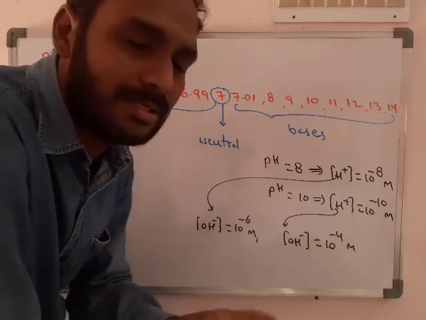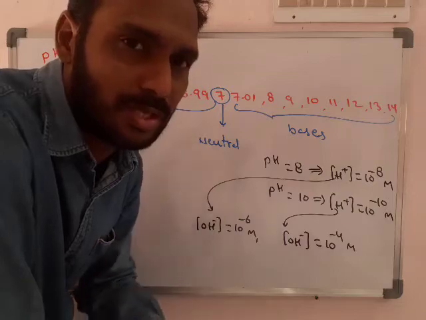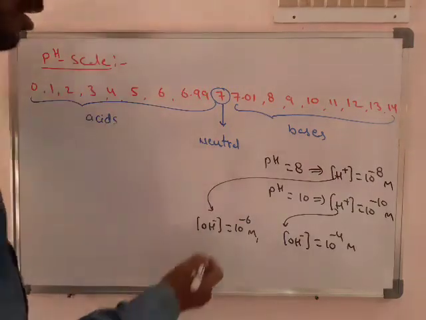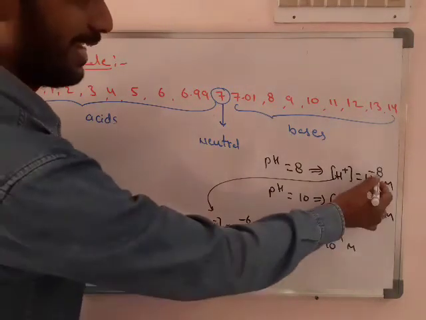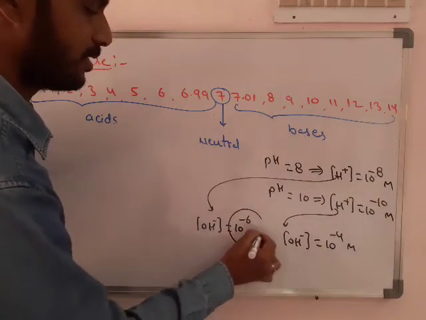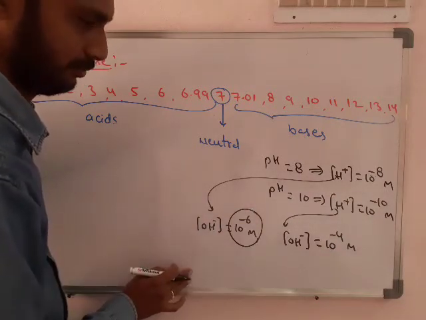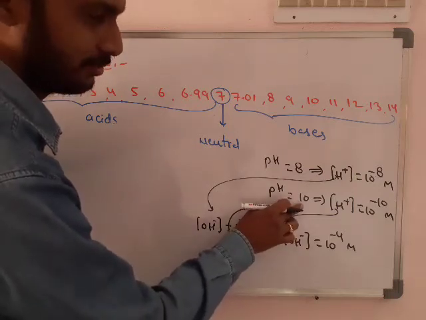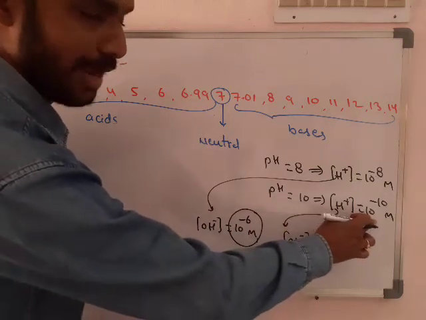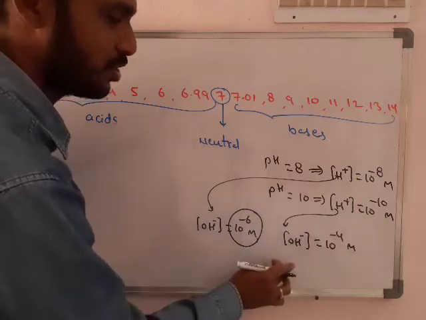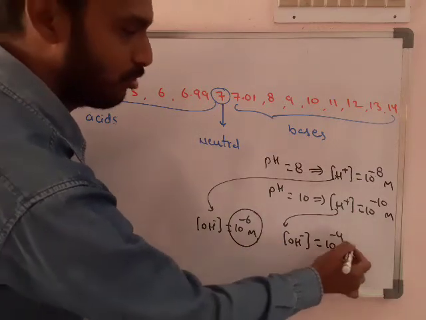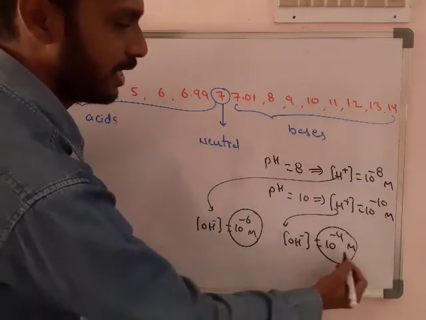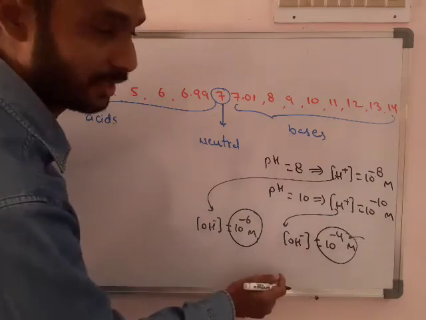To compare the bases, we check the OH minus concentration. So if pH value is equal to 8, the OH minus will be 10 power minus 6. If pH value is equal to 10, H plus equals 10 power minus 10 and OH minus is equal to 10 power minus 4. So which is the highest one? 10 power minus 4 is the highest one.